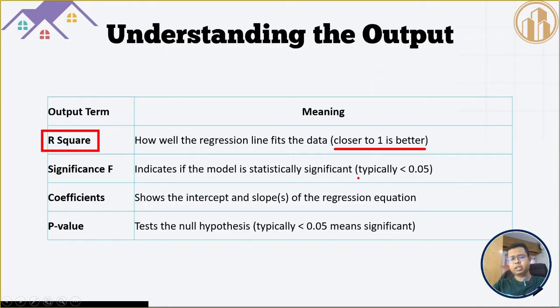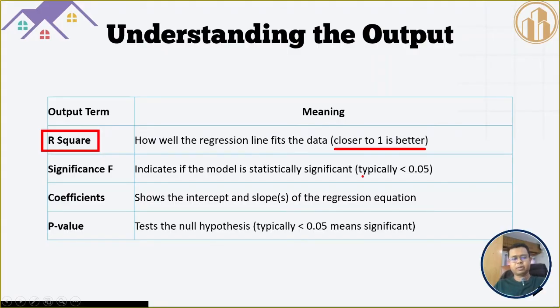It typically should be less than 0.05, I mean less than 5%. Coefficient shows the intercept and the slope. I mean, in the previous slide you noticed the A and B. So the coefficients show the intercept and slope of the regression equation.